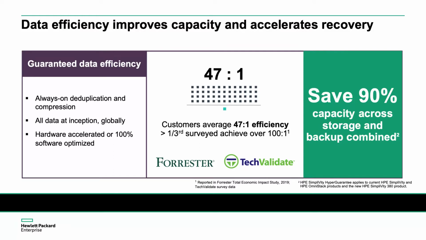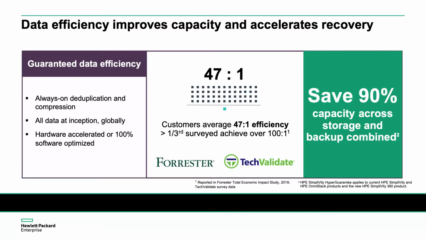These are significant benefits, through a recent poll through Forrester. They monitored 10 of our customers. They're achieving 47-to-1 data efficiency for the VM data and associated backups through inline dedupe and compression. This is pretty revolutionary.